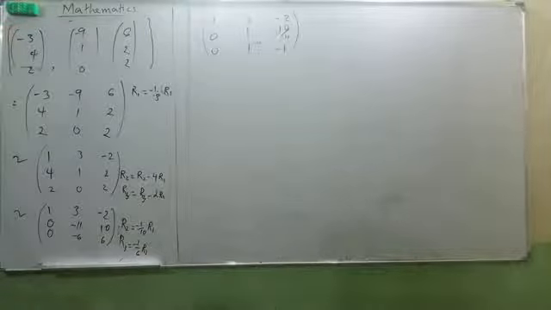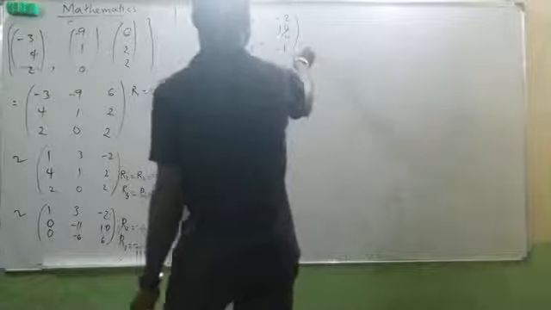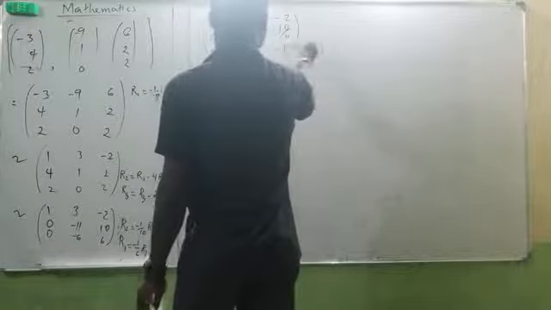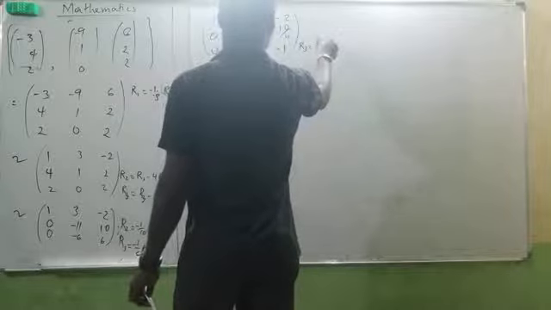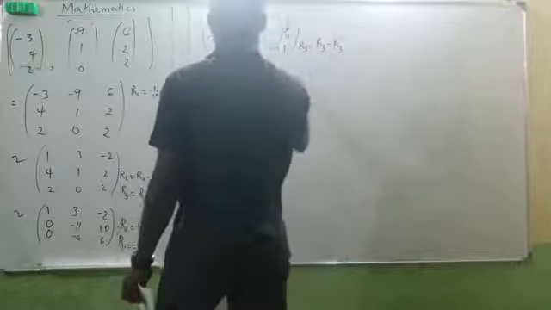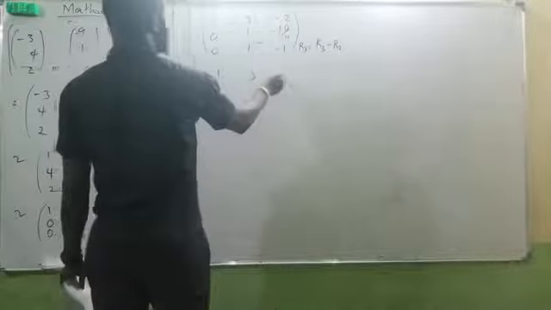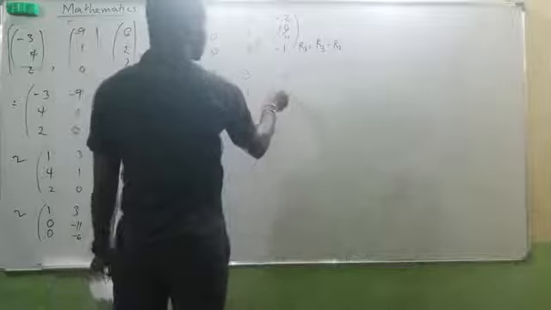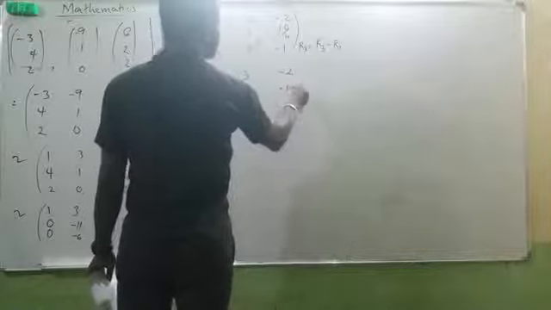Now, since I have that, I can say that my R3 equals R3 minus R2, which gives me 1, 3, -2. I will use this opportunity to explain basis and dimension.